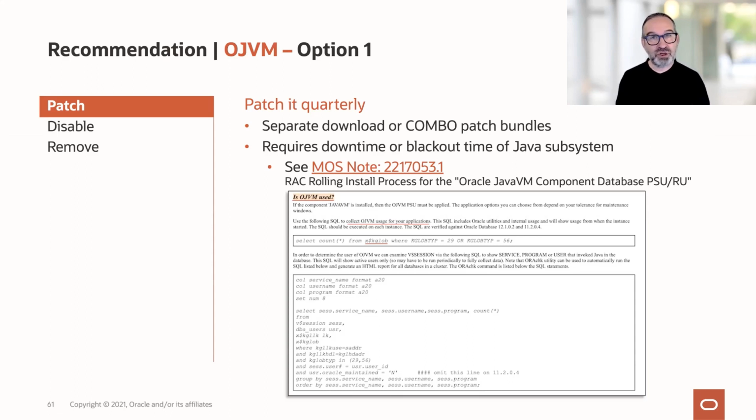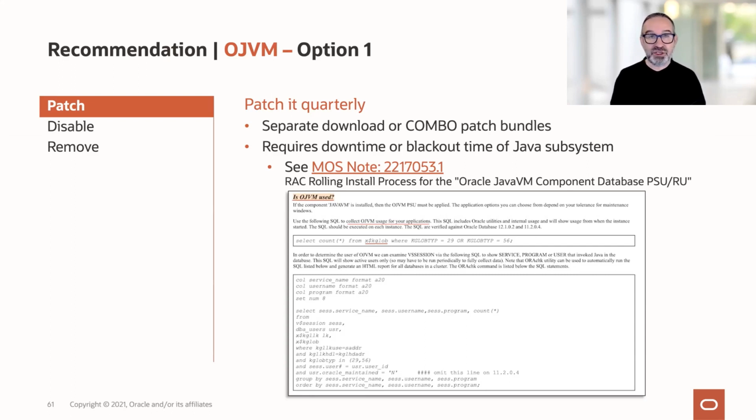It's a blackout to the Java subsystem, not to your entire database. The Java subsystem needs to be restarted. And if no Java application is using the OJVM in the database, who cares? So it's important that in a RAC environment you can apply the OJVM patch in a rolling fashion.